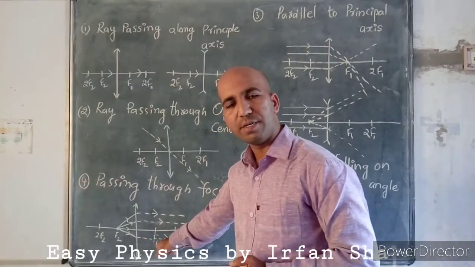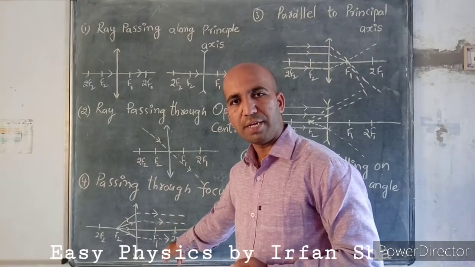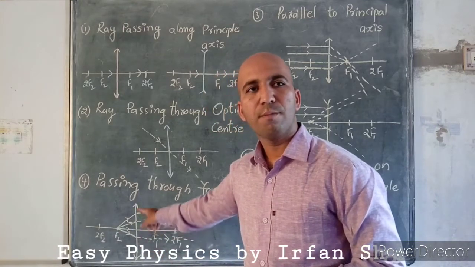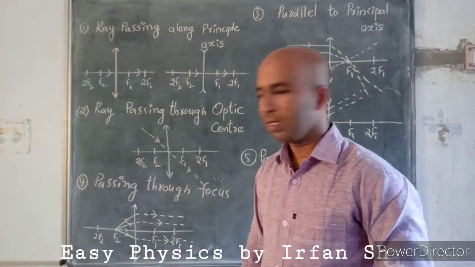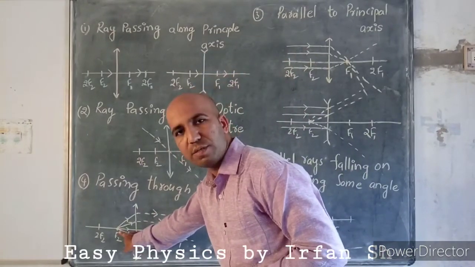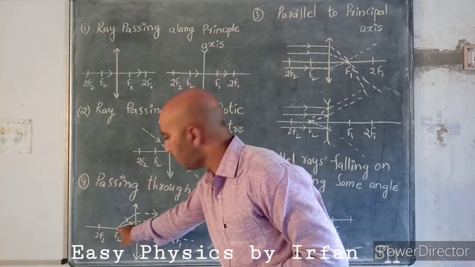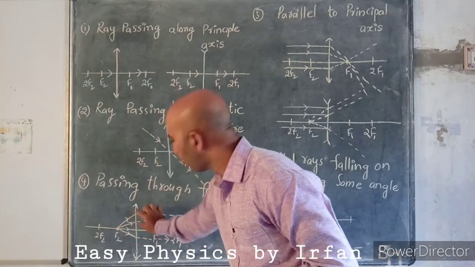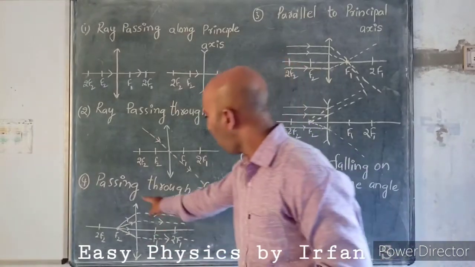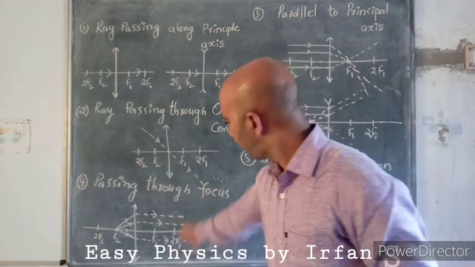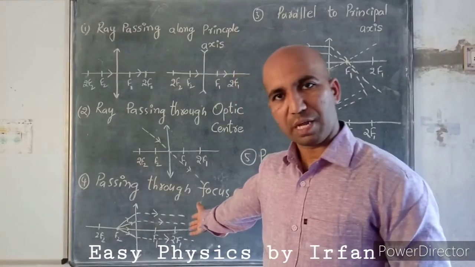So here is the diagram showing the light rays passing through the focus on a biconvex lens. So here is the focus. The object is also at this focus. The light rays from the object are passing through this, and after refraction, all light rays are parallel to the principal axis.